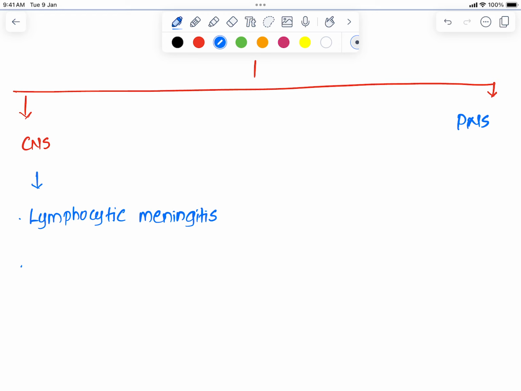The most common cranial nerve affected in sarcoidosis is the seventh cranial nerve, followed by the optic nerve, and the optic nerve involvement will be in the form of optic neuritis.